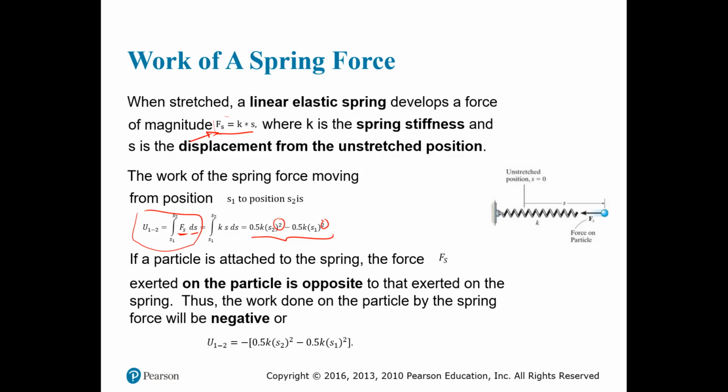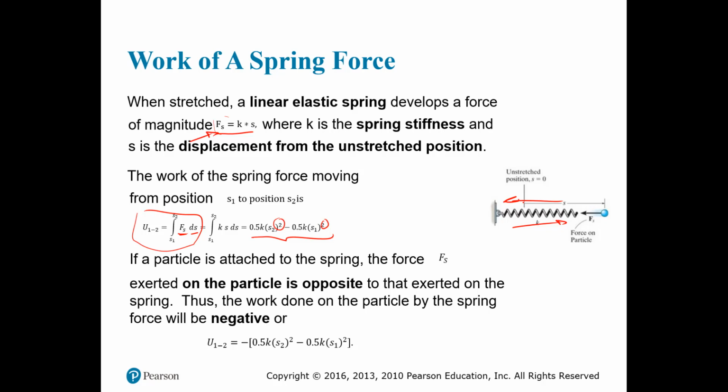So just look at it this way. If you are, for example, trying to stretch this spring in that direction, the spring is trying to push the particle back. Okay? And when that happens, the work performed on the particle will be negative.